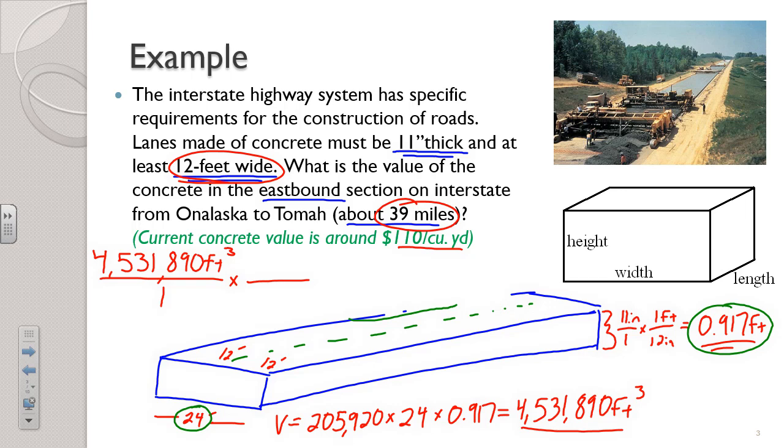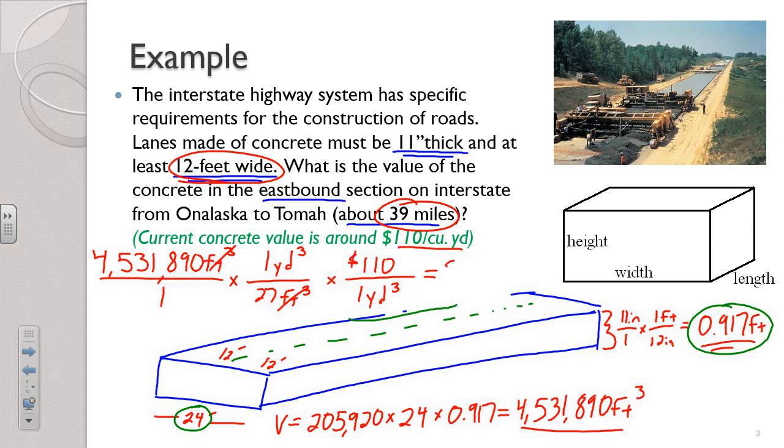Conversion fact, this is on your gold sheet, or again, you can consult the one that I'm going to post online. There are 27 cubic feet for every cubic yard. That's because there's 3 feet in a yard, but that gets cubed, and 3 cubed is 27. And then we can treat the price as a conversion fact. 1 cubic yard of concrete is worth $110.